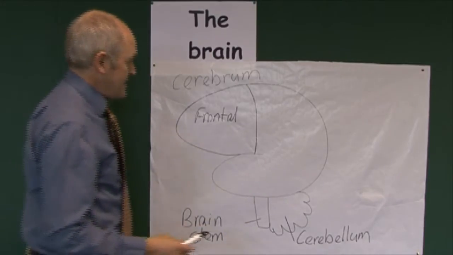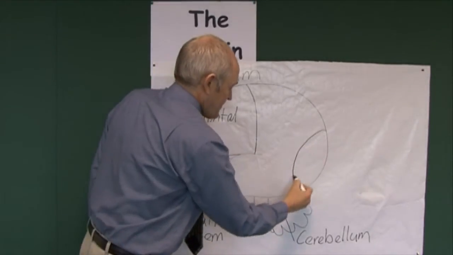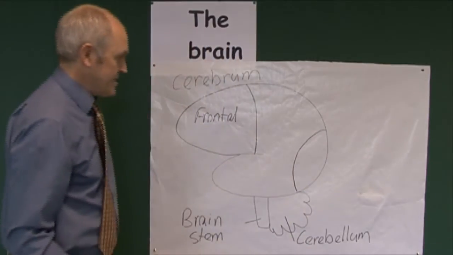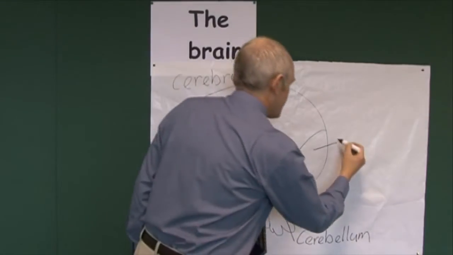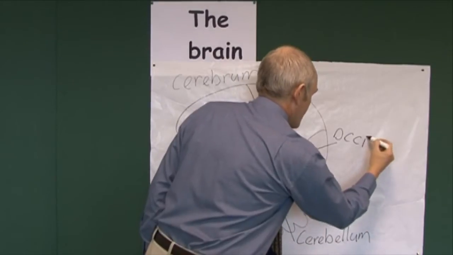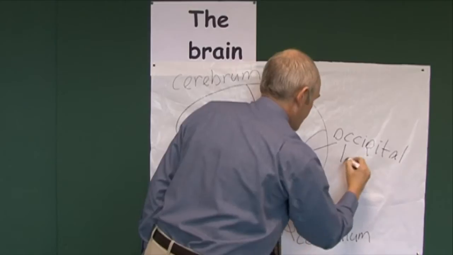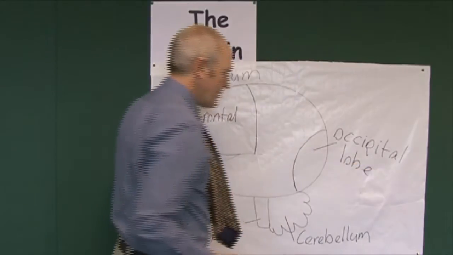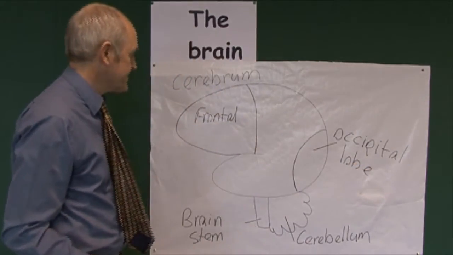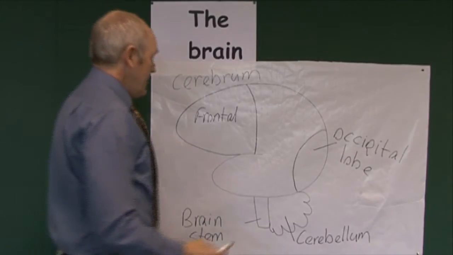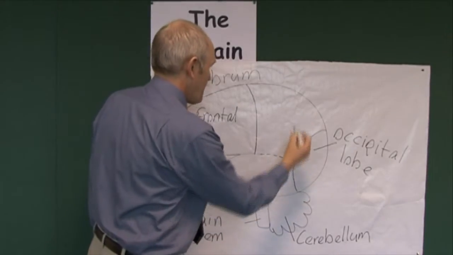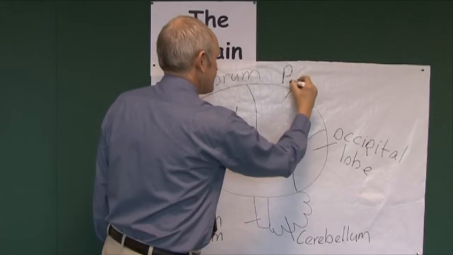But then behind that, here, the back of the brain is the occipital lobe. So the occipital lobe of the brain. And then this lobe here is the parietal.